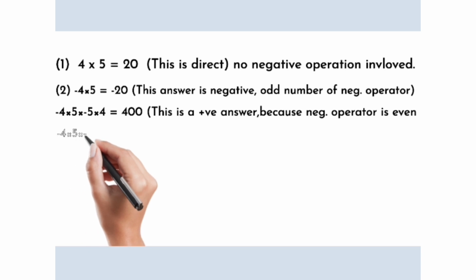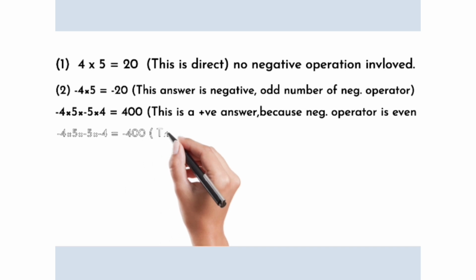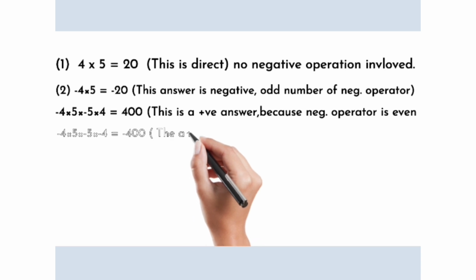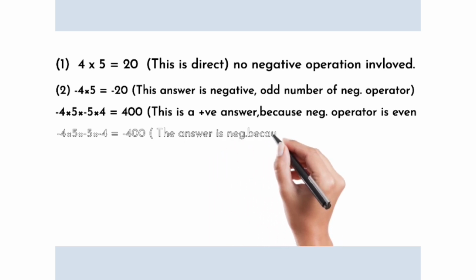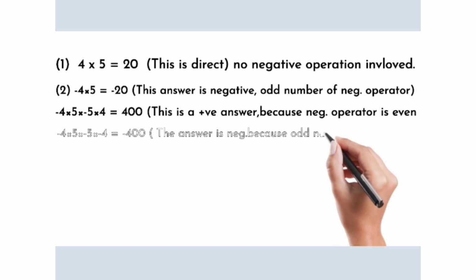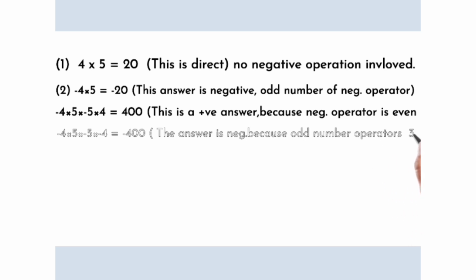But if you have minus 4 times 5 times minus 5 times minus 4, this will give us a negative 400, because the negative operation has occurred an odd number of times.